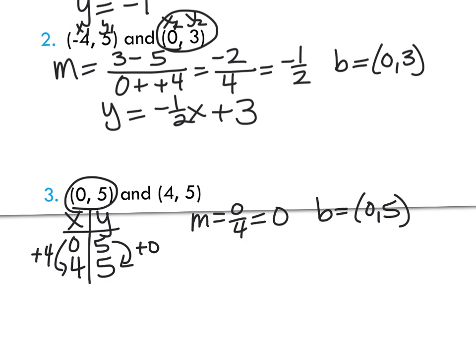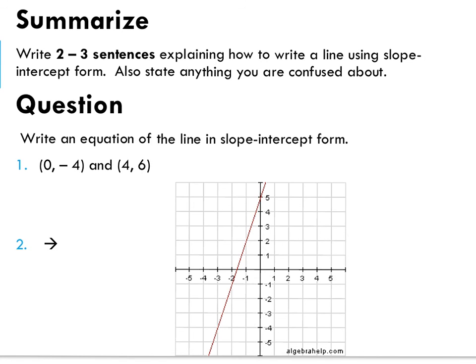And you might even already know right now what your equation would be, because maybe you notice that the y values are the same. And that's great that you are able to notice that. And so we get y equals 0x plus 5, or we know that we should simplify it to be y equals 5.